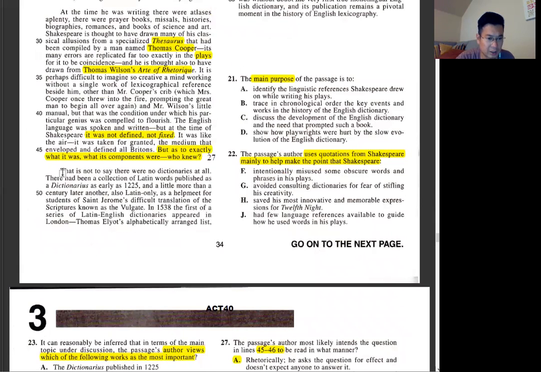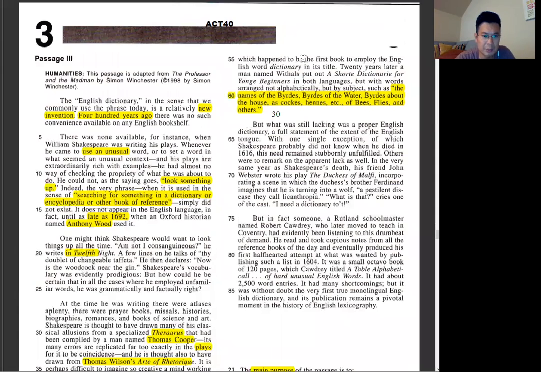And that is not to say there were no dictionaries at all. Dictionaries as early as this were little more than a century old, Latin-only help for students of St. Jerome's translation of the scriptures, the Vulgate. In 1538 the first of a series of Latin-English dictionaries appeared in London, Eliot's, with alphabetical arrangement of the word list, which happened to be the first book to employ the English word dictionary.